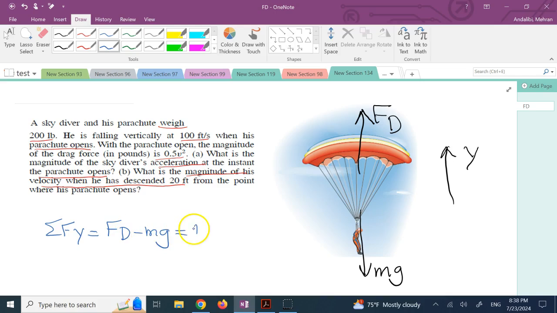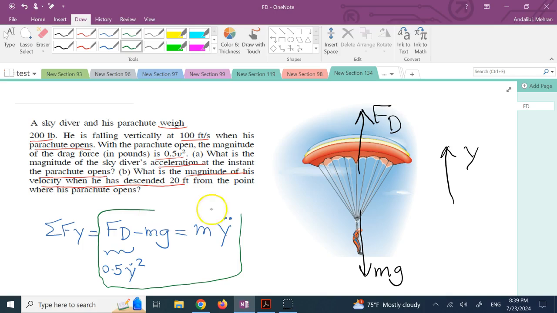right? And this is equal to m times ay, or y double dot, which is your acceleration, right? And here the drag force is clearly, based on what the problem says, 0.5 times v squared, and v here is y dot, so it's simply 0.5 y dot squared. And if you look here, clearly this is a second order differential equation, right?